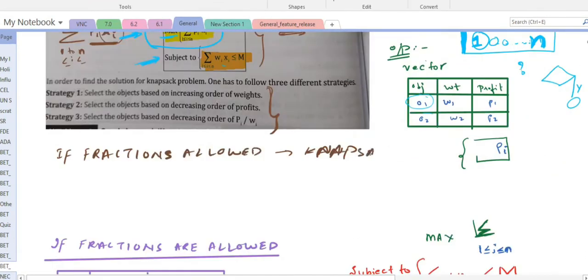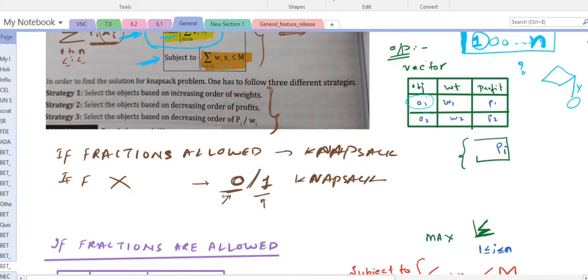If fractions are not allowed, this is called 0 or 1 knapsack. 0 or 1 means what? Either the element is not selected or the element is selected. You cannot break it and take a quarter of the element or half of the element. You cannot take fractions. That is why it is called 0 or 1. That means the element is either not selected or selected.